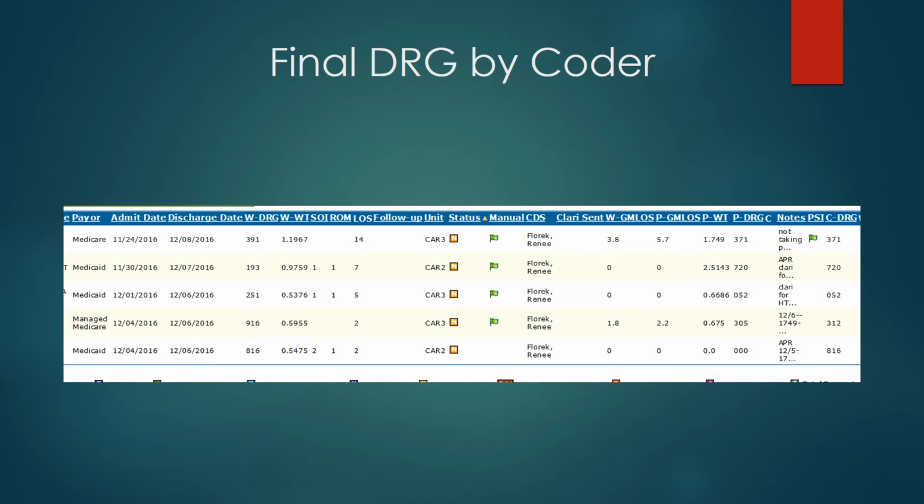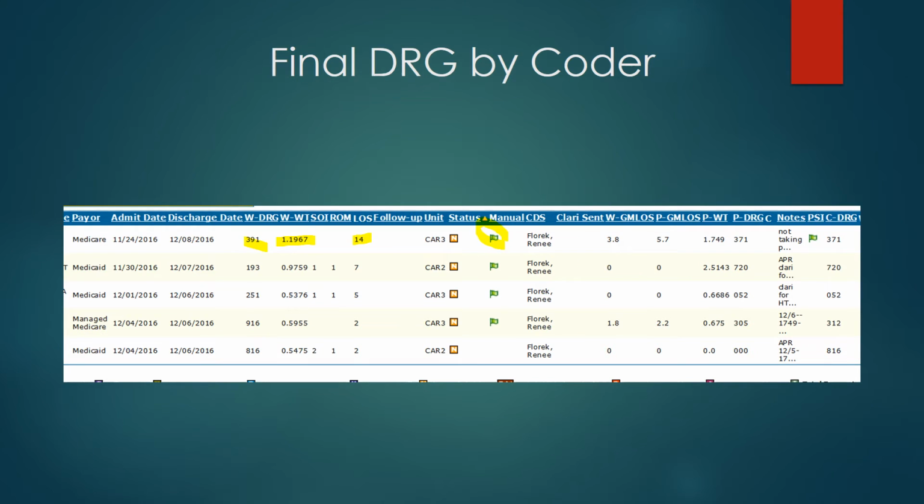So here's how my advanced search would play out. I don't have my account numbers or names, obviously, just for HIPAA purposes. But I have the payer, the admit date, discharge date, the working DRG, the working weight, and the length of stay.